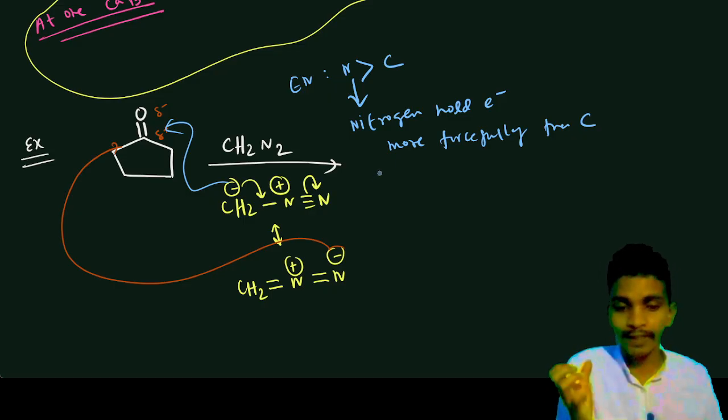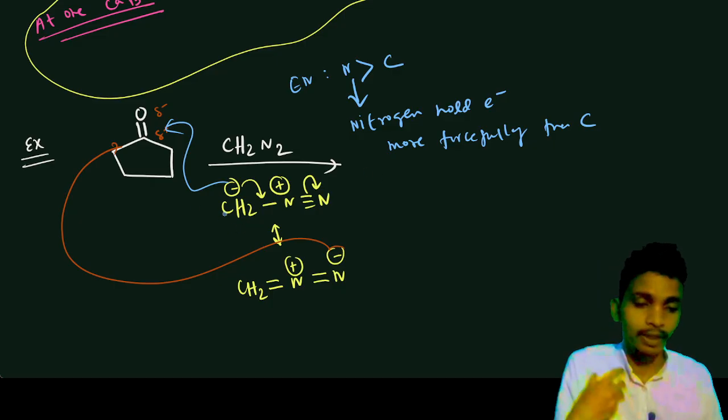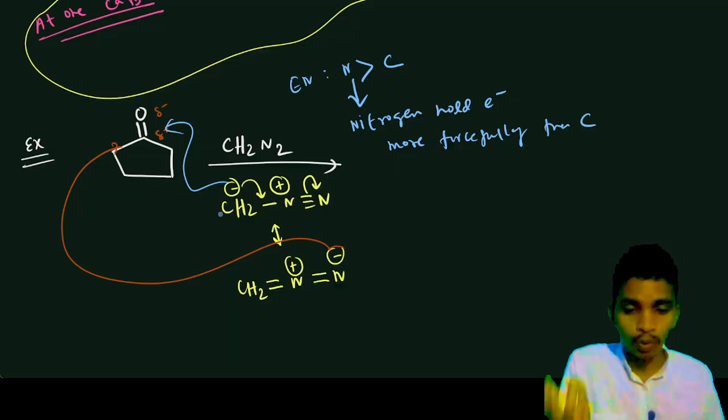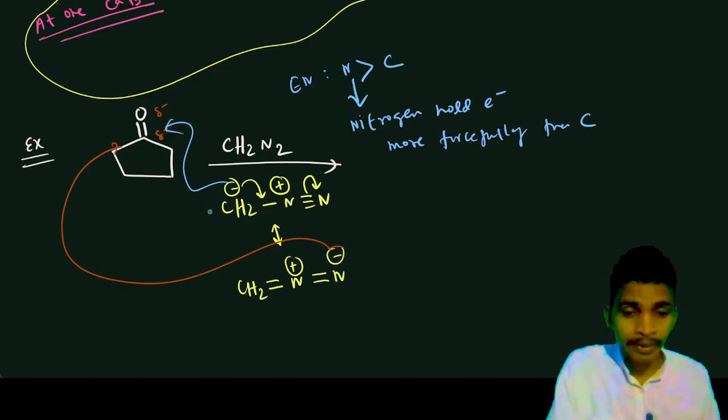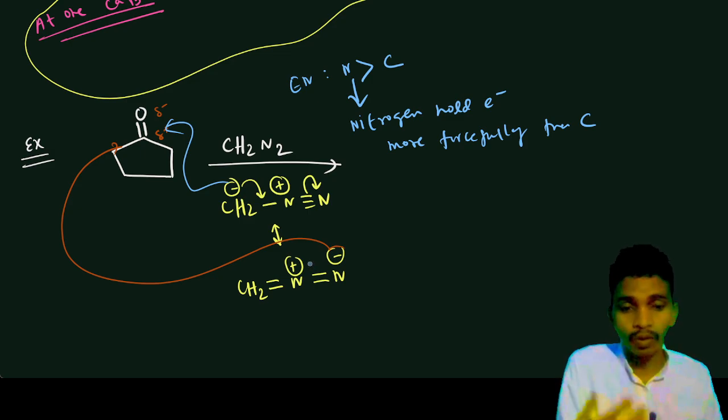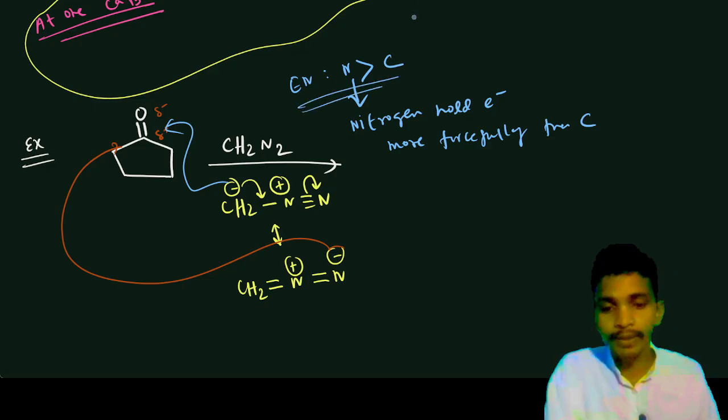So even if it has a negative charge, it will hold on more than the carbon, because carbon is less electronegative, so it will not be able to hold as much as nitrogen will. So which electrons are free? The carbon electrons are free, because it is not able to hold that much, whereas nitrogen holds more, because of electronegativity. So what will happen now is that this negative charge will attack this one.